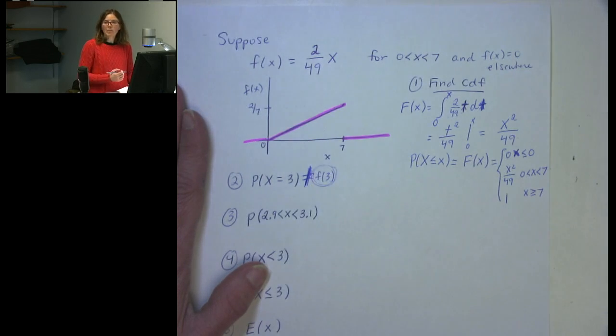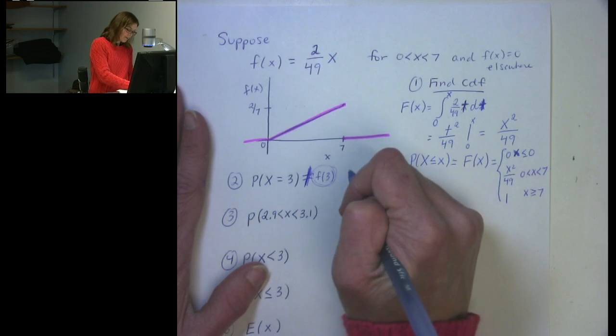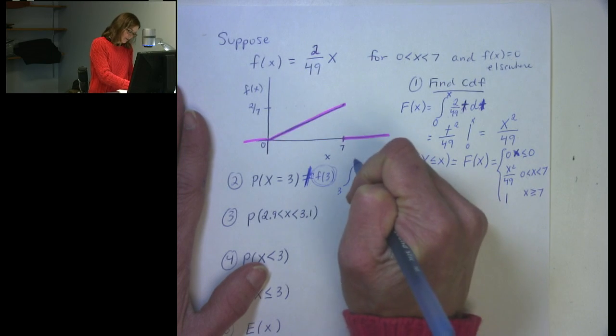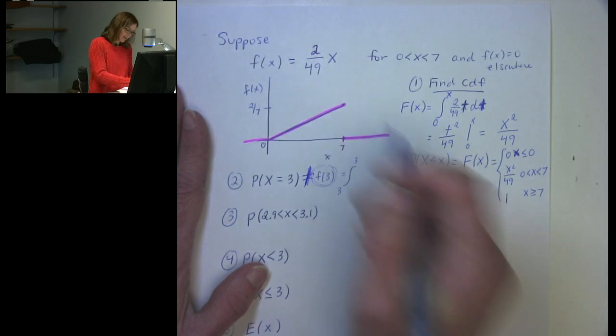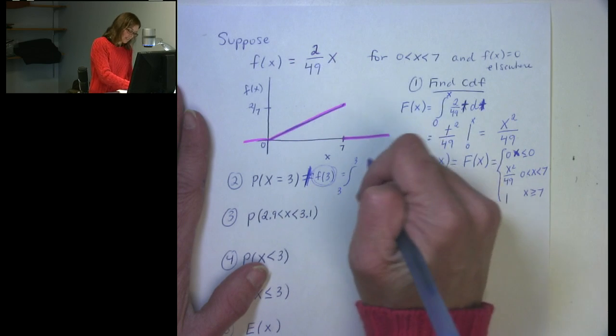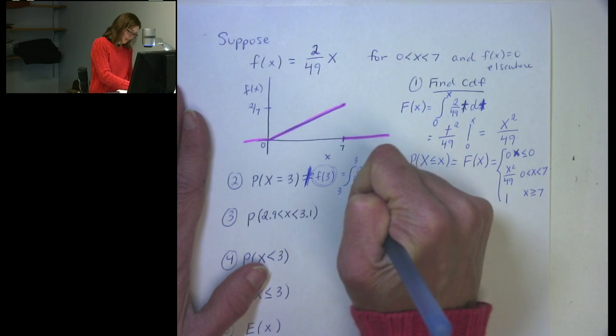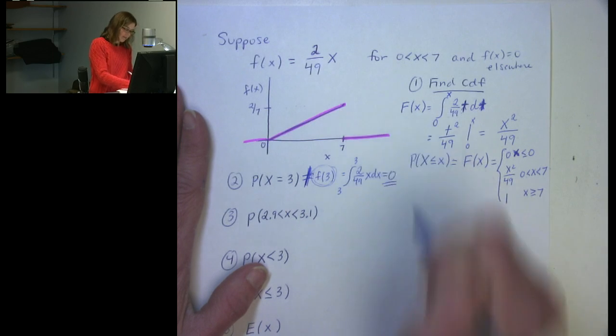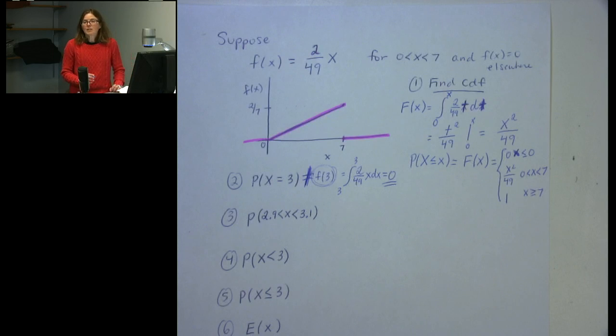It's not the probability. To find the probability, I would have to integrate essentially from 3 to 3 of this probability density function, 2 over 49 times x, which is going to give me a value of 0. So this comes back to the idea we had way back in the very first section of the book.